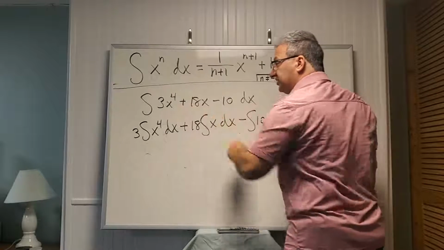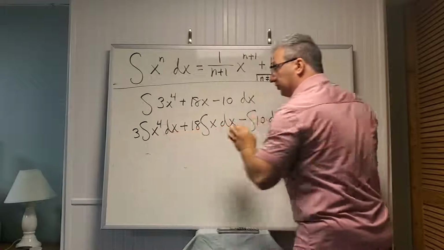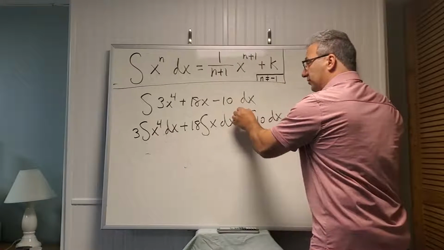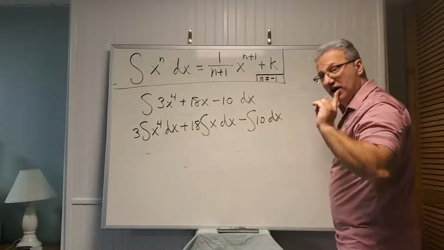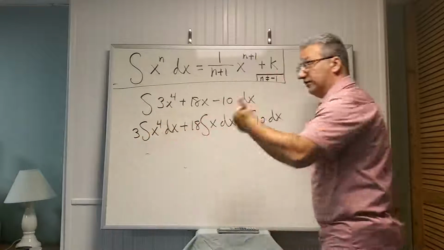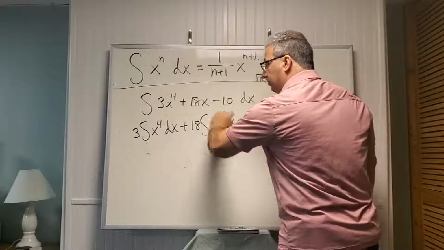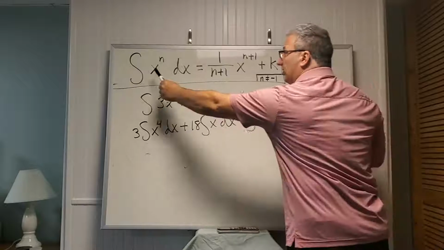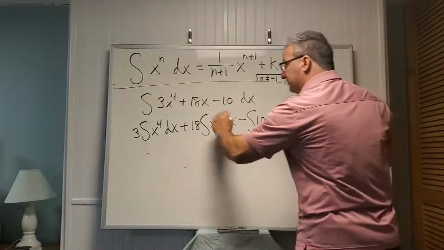If you see a plus, you may break it into 2 integrals. At a minus, you may split it again. Also, if you have a constant, you can pull that out in front. Why am I doing this? Well, I want to load up this equation as much as possible.